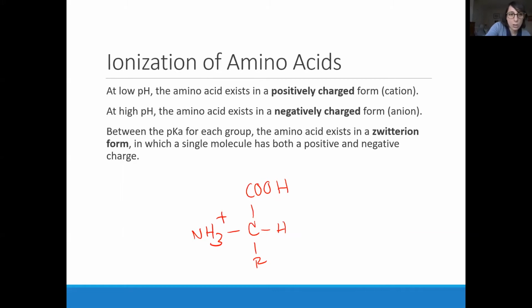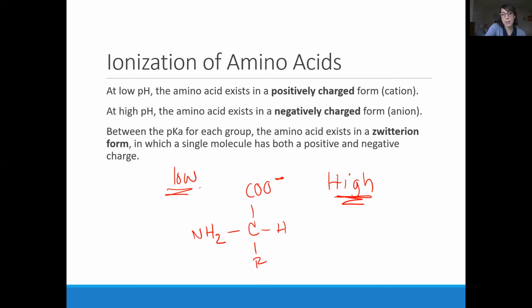This is at a very, very low pH. This has not dissociated yet. And at a very, very, very high pH, we now have dissociated this and this. So we would have a negatively charged amino acid.